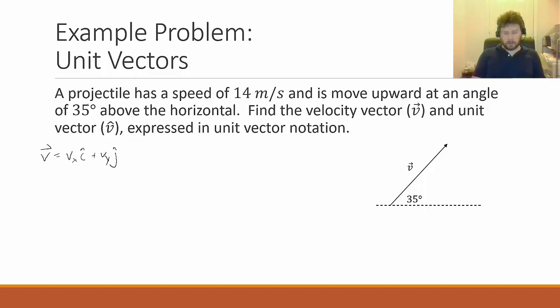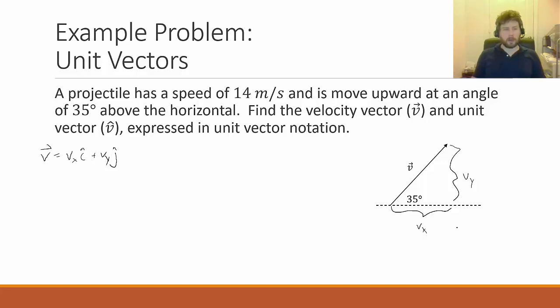Now, when we go ahead and do this, find something in unit vector notation, it's sort of a different notation in which you're just expressing the components. Now, the x component of this vector is the horizontal part, and the y component is the vertical part.